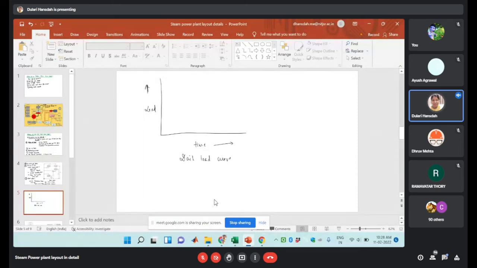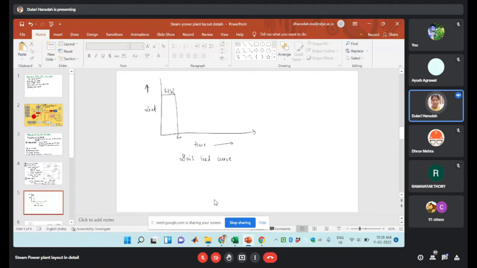Daily load curve means, for the 24 hours running of the plant, what load is required, what output of the plant is required, that will be given in the graph. Suppose I take an example: at 6 a.m. the load is, let us take the minimum, for example 6 kilowatt.